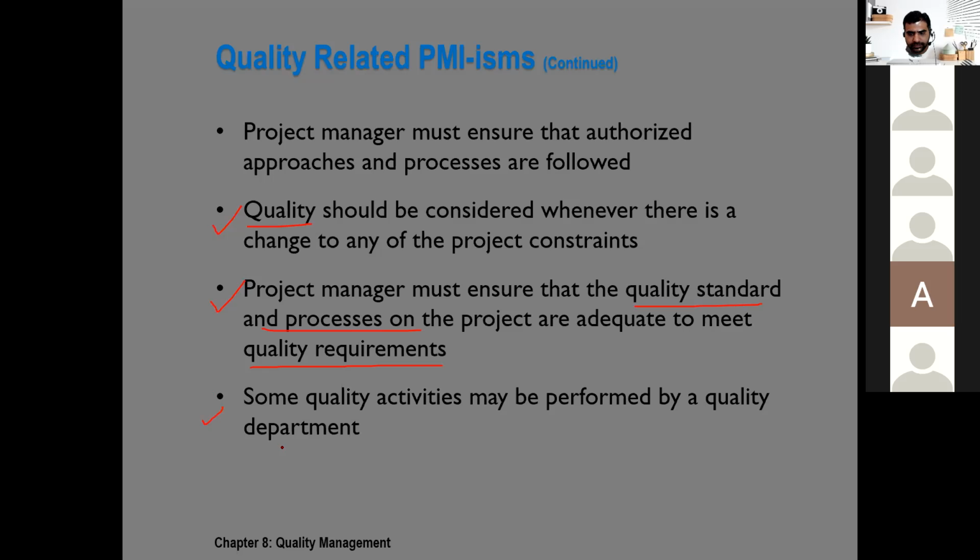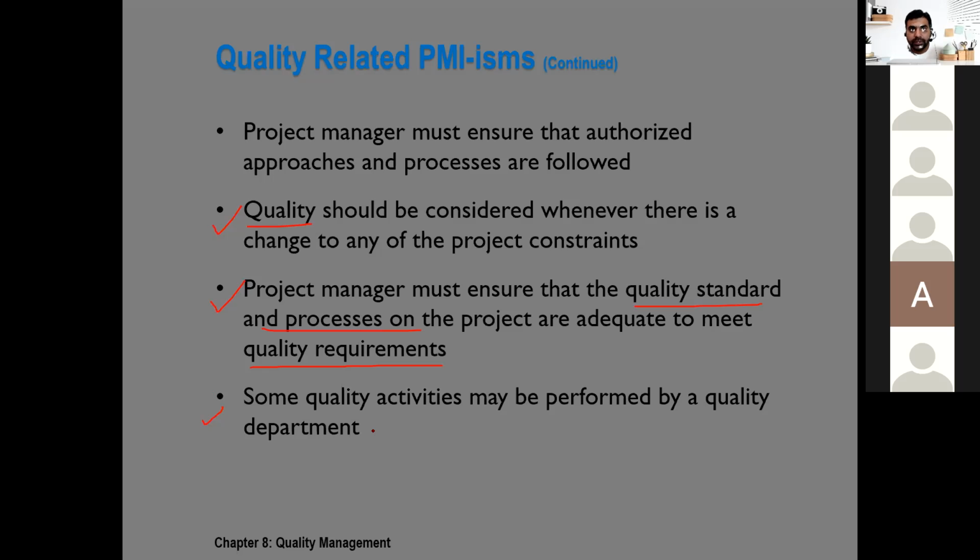Some quality activities may be performed by a quality department. Basically, it is talking about how the ultimate responsibility for quality management is with the project manager. However, some activities related to quality assurance and quality control are done by the project team members, especially those team members such as testers or the people coming from the quality assurance departments, and so on and so forth.